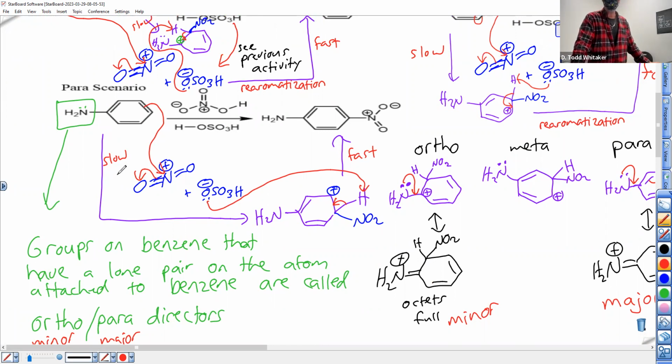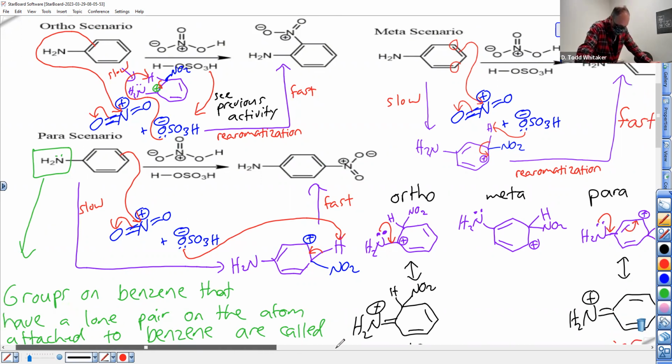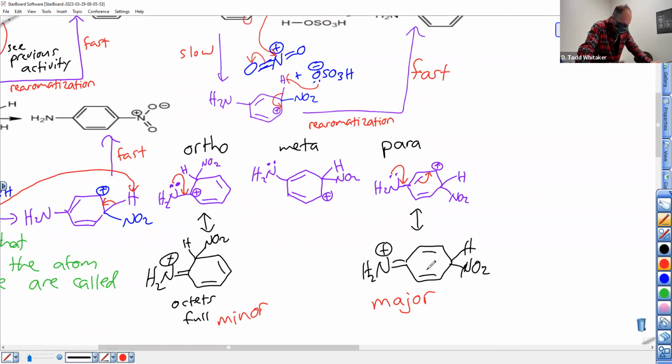Not the ortho where it's coming in as close to the NO2 as possible. Yeah, here it's bumping into the NH2 if it comes from the left side, right? We don't like it. No, it's not. No, it's about approachability. It has nothing to do with stability.